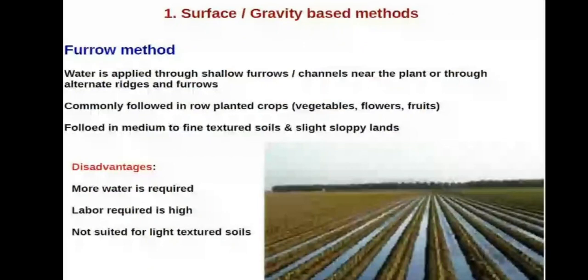It is commonly followed in row planted crops: vegetables like brinjal, tomato and bhendi; flowers like crossandra, roses, lily and chrysanthemum; and fruits like papaya, guava and pomegranate can be grown under this furrow method.